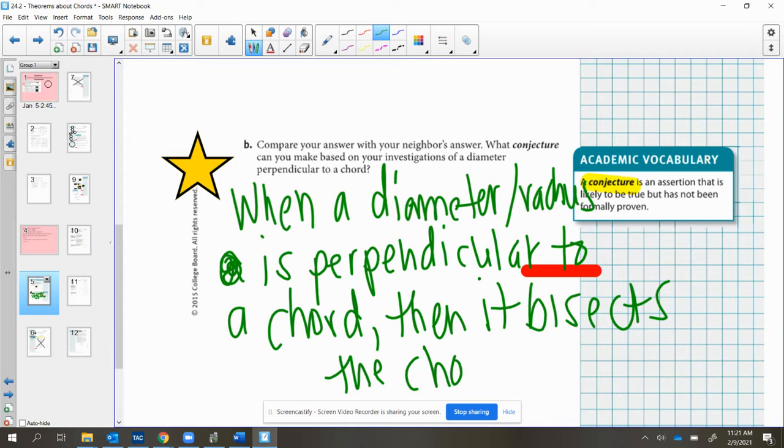Okay, it cuts it in half. And again, an example of that picture is coming from up above on the page. Okay, so that's our first theorem about chords, is when we have a diameter or a radius perpendicular to it, it bisects the chord.